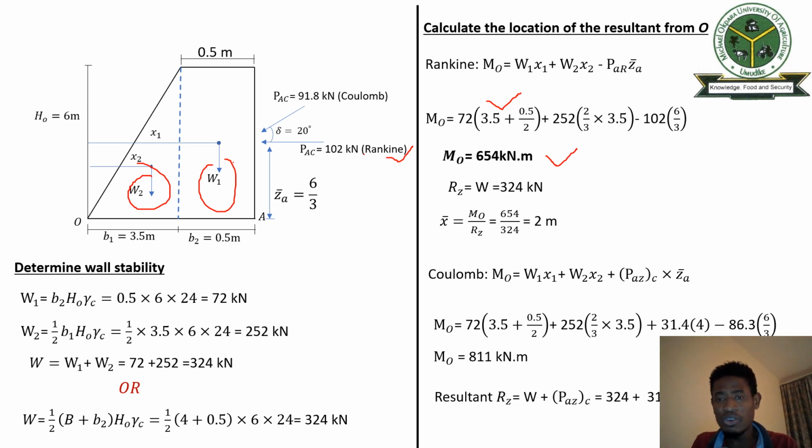You do the same thing for Coulomb's method. The same method, the same thing. The only difference is that the parameters now changed. Because now in Coulomb's method, you will have two values for the earth force.